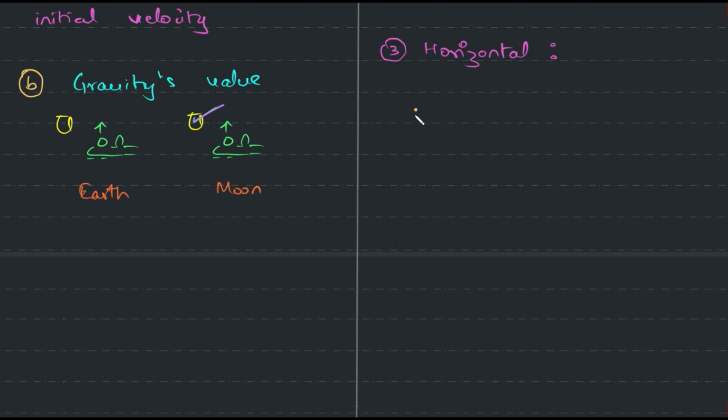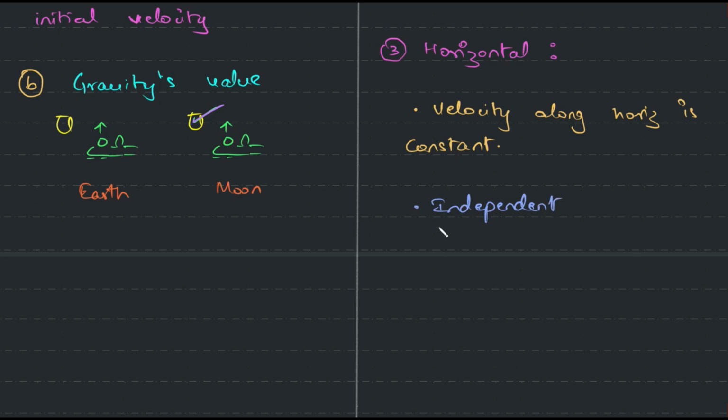If I see the velocity along the horizontal, what's happening? It's constant. So if this is constant, what is the big deal? The horizontal component is not affected by anything. Okay, so this is independent. For this particular case, it's independent. So there's no factor.